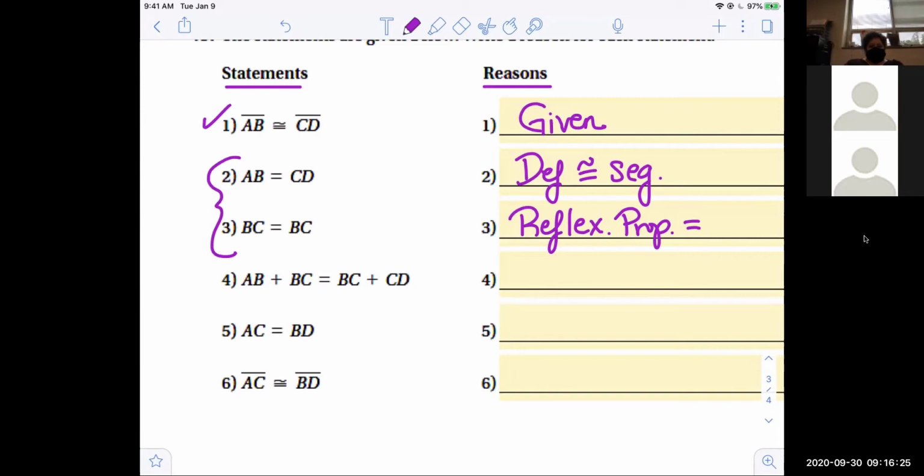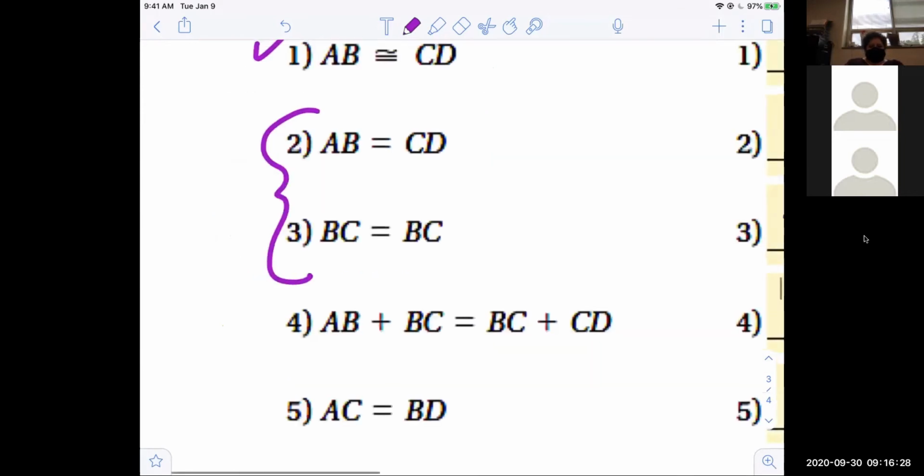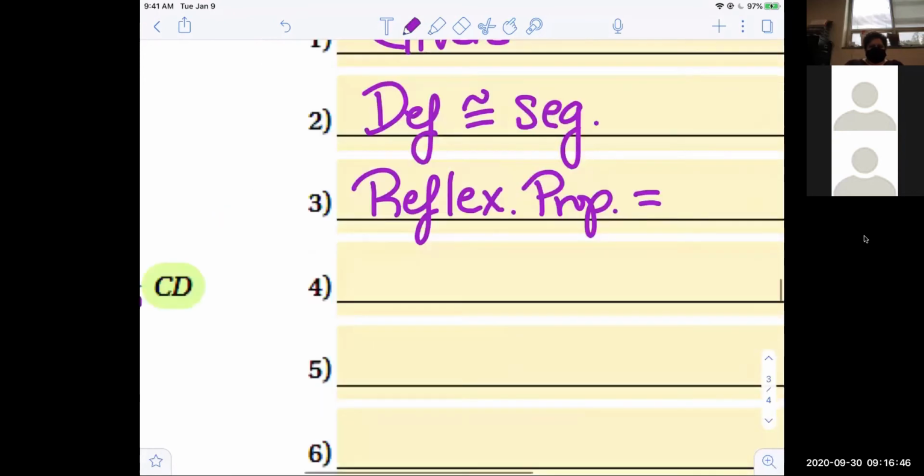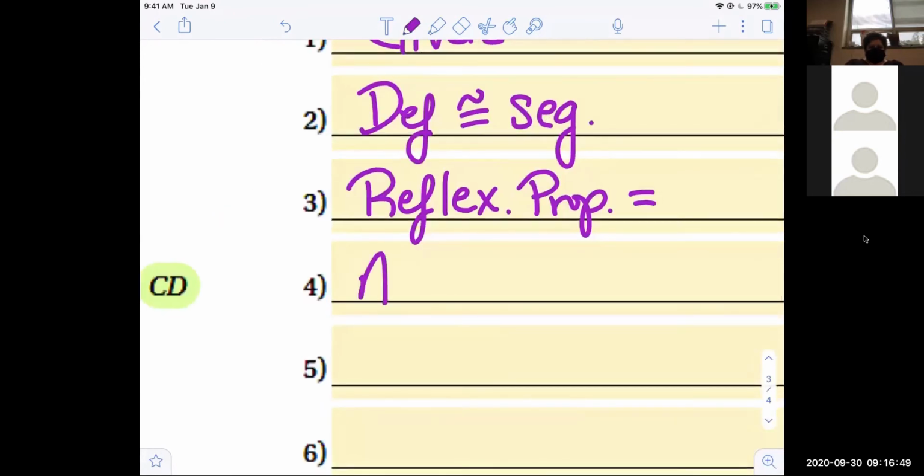Yeah, you're just adding on both sides, right? You're literally saying, I had AB, I still have AB. I had CD, I still have CD. But what I did is I added BC on both sides. Okay, so you added BC on both sides of that equation in number 2. So now we've used 2 and 3 to get 4, so we don't have to worry about those anymore. That is just addition, property of equality.